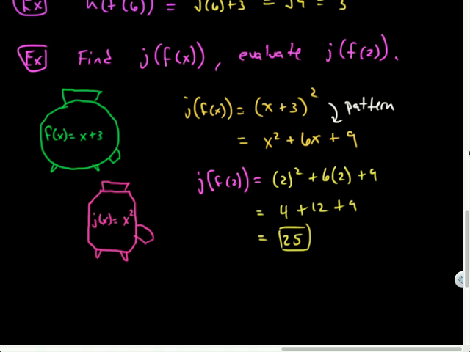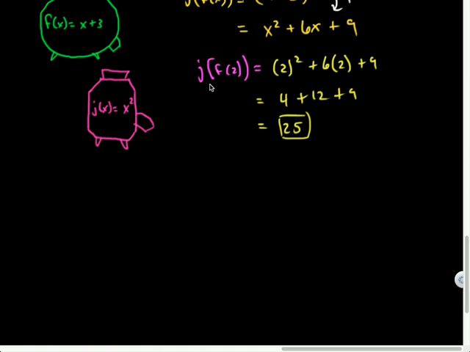Now, it turns out there's actually another way to write that. j of f of 2 can also be rewritten as j little o f in brackets, parentheses 2.